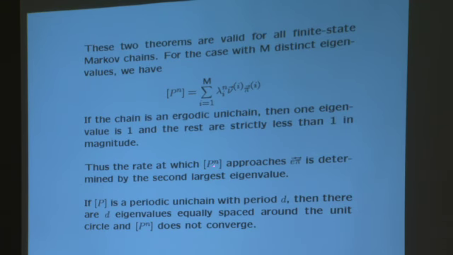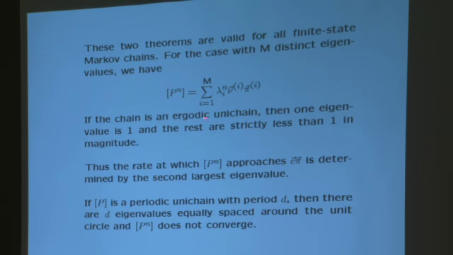Okay, so the rate at which p to the n approaches e times pi is going to be determined by the second largest eigenvalue in here. Okay, and that second largest eigenvalue is going to be strictly less than 1. We don't know what it is. Before, we knew that this convergence for an ergodic unit chain was exponential.